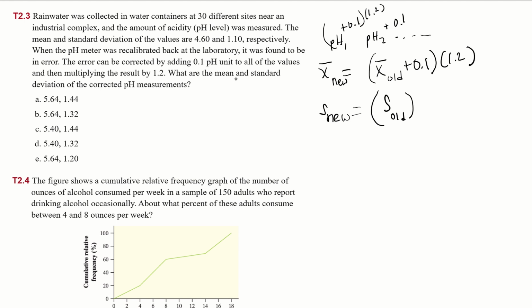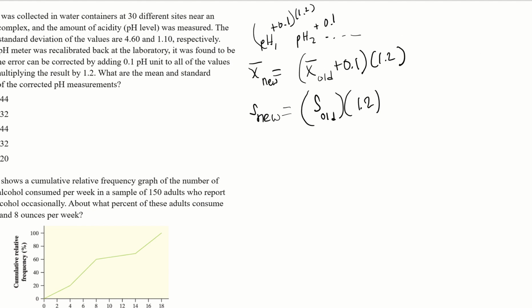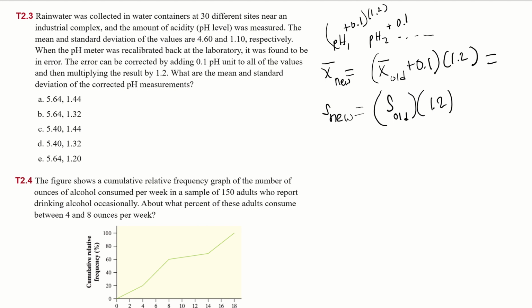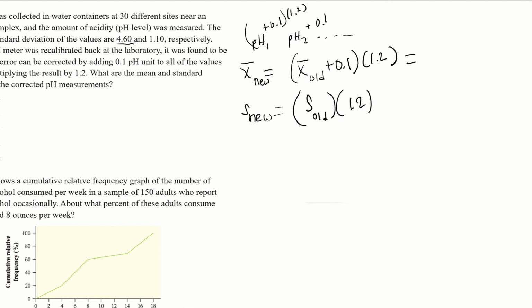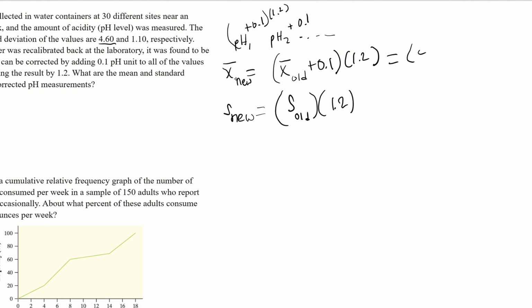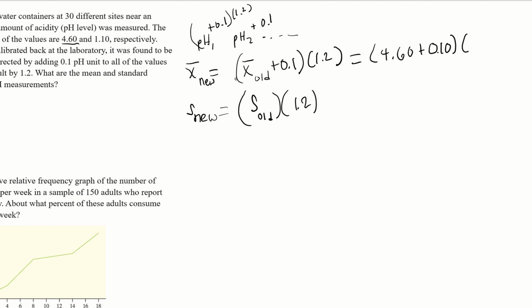So we can multiply by 1.2, and that will be your new standard deviation, okay? So bottom line is, if the old mean is 4.60, then we take that plus 0.10, and then times 1.2. That's going to be our new mean.